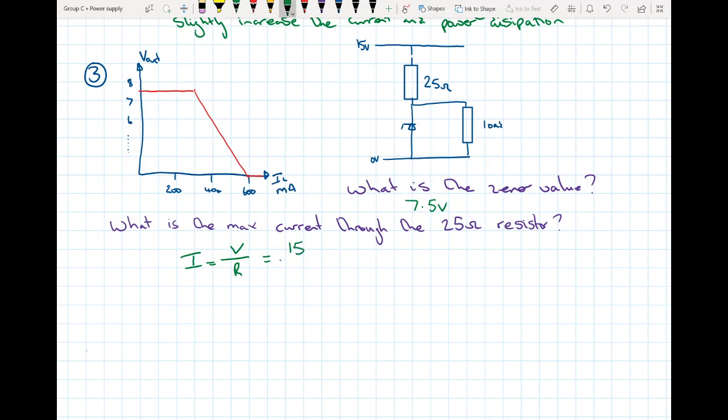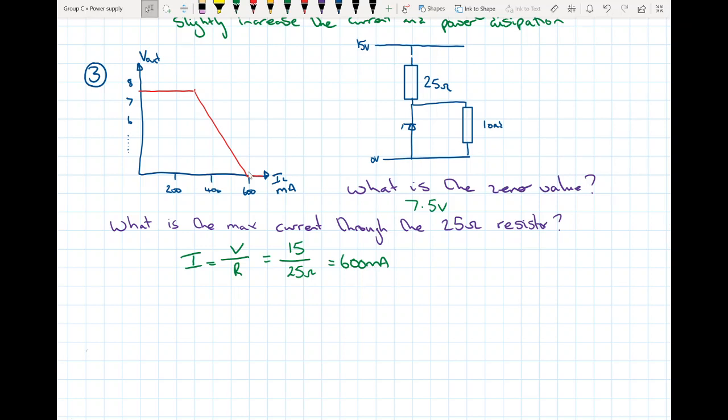And so 15 volts divided by 25 ohms equals 600 milliamps, which we can also see on the graph, our 600 milliamps here, with no voltage across our load.